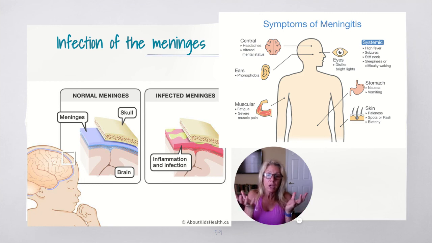And one way is to have a child lay on their back. By the way, I'm not a doctor, so don't use me as a doctor, but to curl up in a ball like this, to help them curl up in a ball. They would cry out because of that increased pressure from the inflammation. And that was a sign of meningitis to get them right away to the hospital. So it's an infection of the meninges.